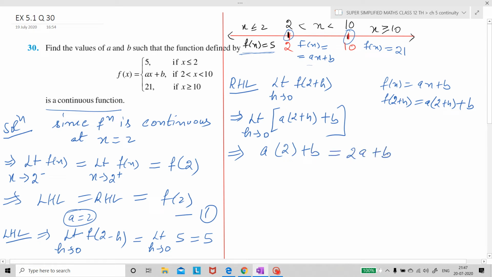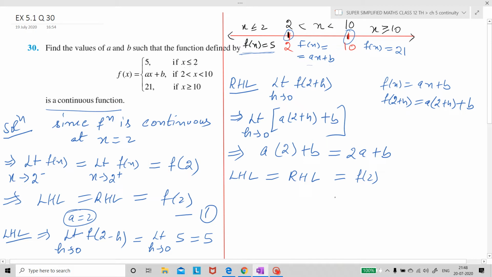So now students, we have already got the left hand limit and the right hand limit, and now we have to check the value of the function at the point 2. You can see here f(x) is 5 when x is less than or equal to 2. That means when x is equal to 2, f(x) is 5.